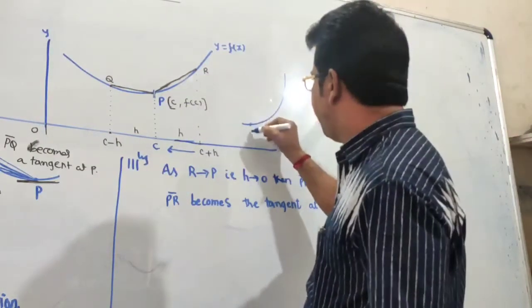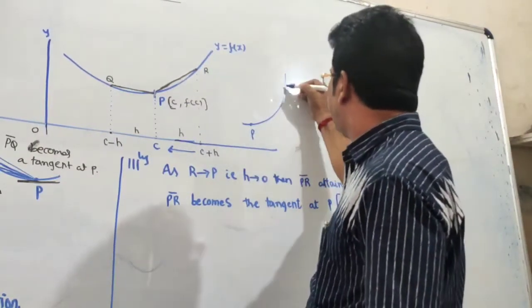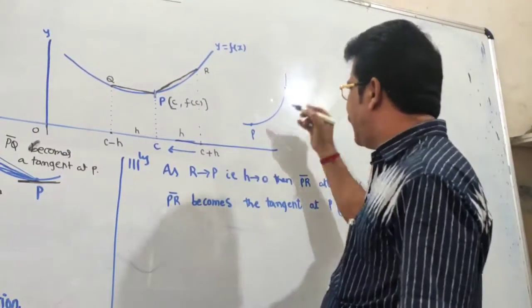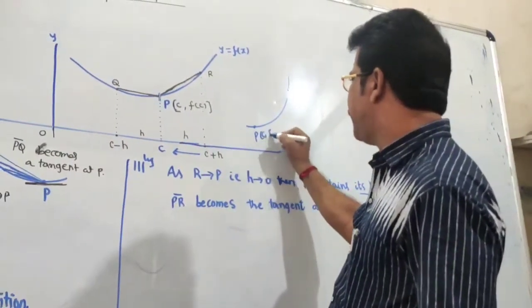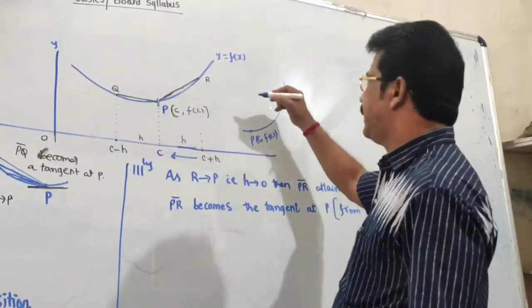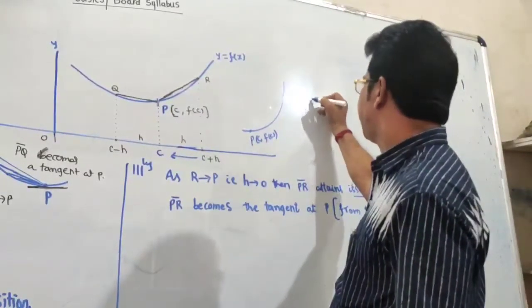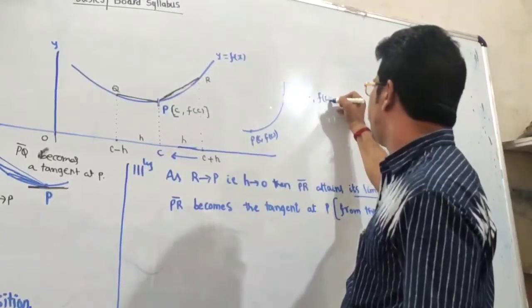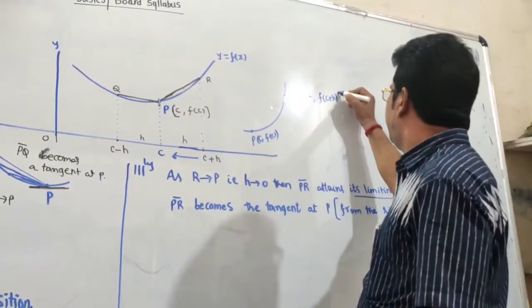I am considering this right part separately. Capital P is (C, f of C), and capital R is (C plus H, f of C plus H).